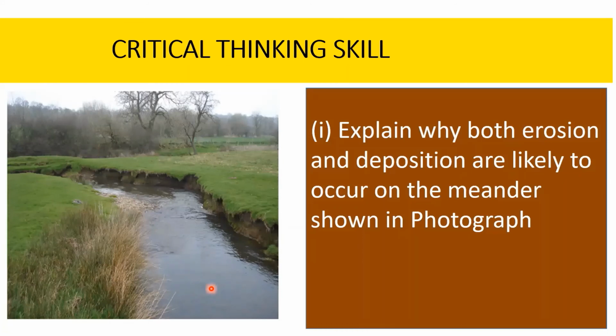Due to fast flow on the outer bend, erosion is dominant in the outer bend due to hydraulic action and abrasion. Secondly, slow flow in the inner bend results in deposition where the river is unable to carry the load.